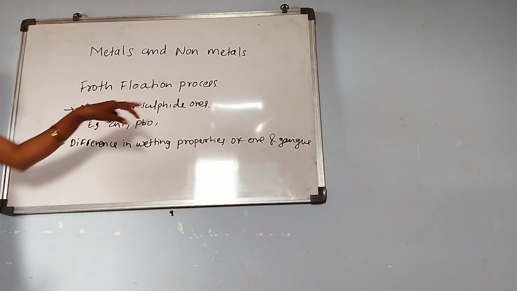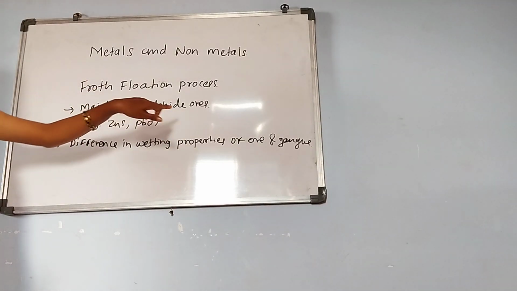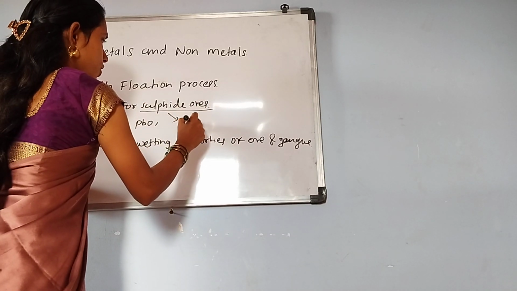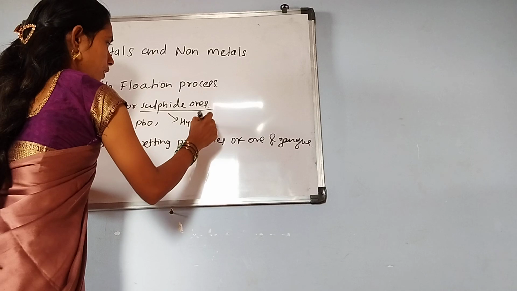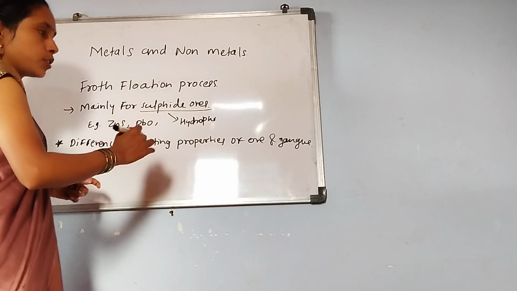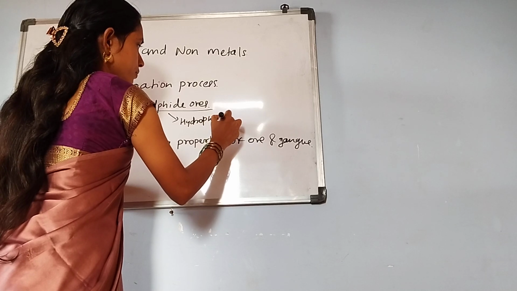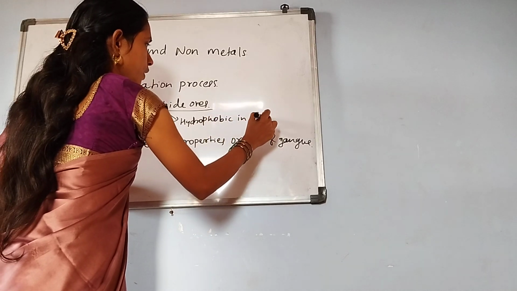And mainly one thing is that sulfide ore is hydrophobic in nature. What is meant by hydrophobic? Hydrophobic means it is repelling water. It is not attracting towards water. Hydrophobic in nature.